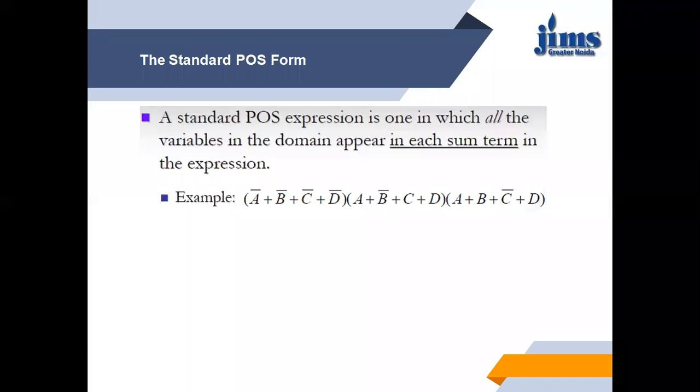For example, suppose we have a bar plus b bar plus c bar plus d bar, and a plus b bar plus c plus d, and a plus b plus c bar plus d. Now we have three terms, and all three terms have all four input variables. Here the input variables are a, b, c, d, and they may be in true form or in complemented form.